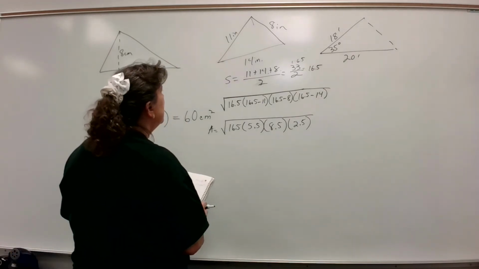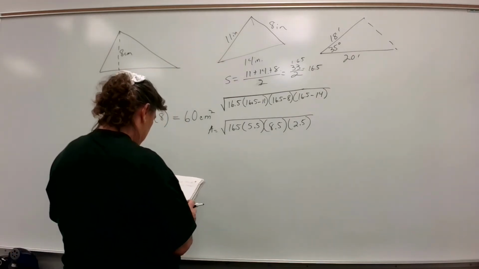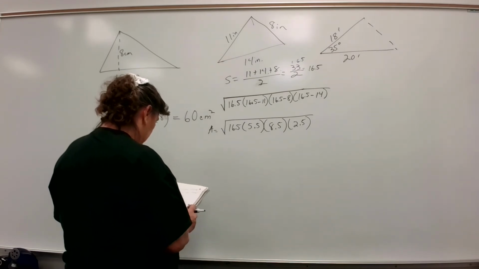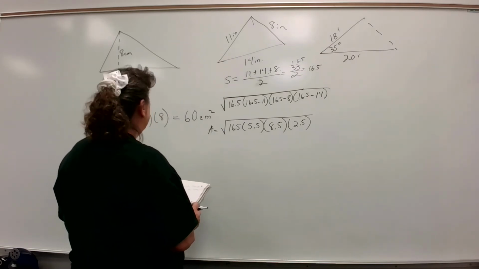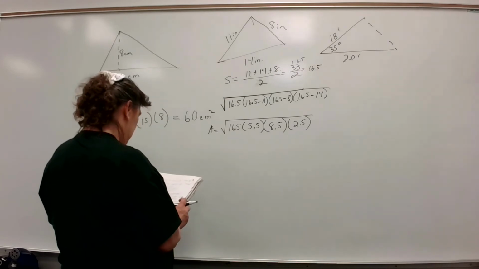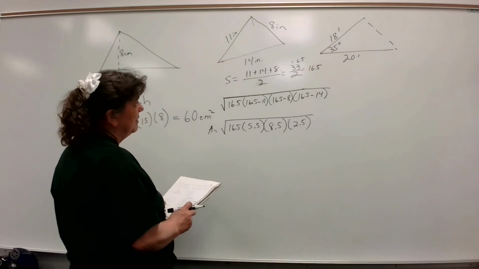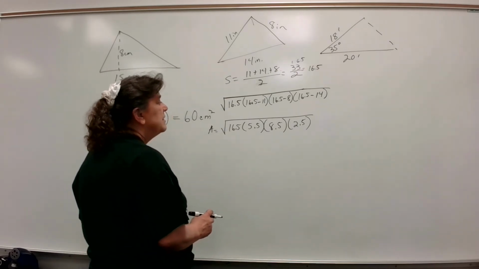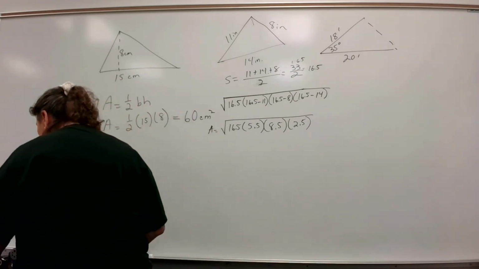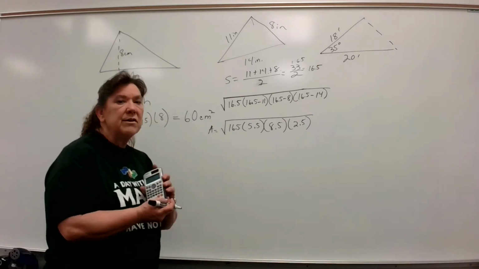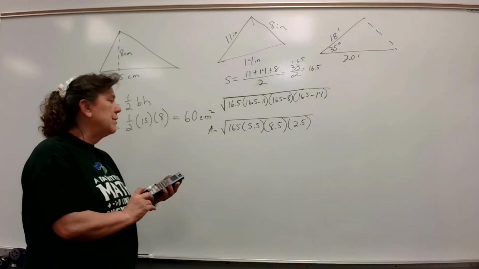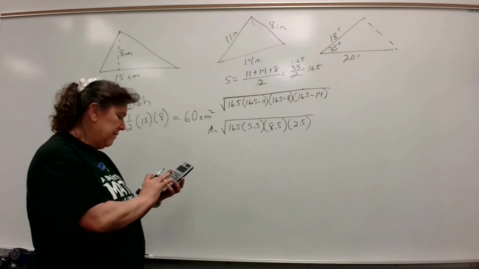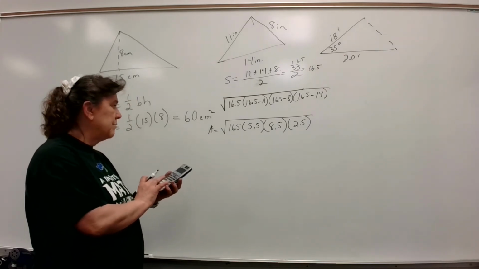Oh, did I miss to add that? Oh, no, I did it wrong on my paper. I had 15 instead of 14. I made a mistake on the paper. Okay, so now we need to multiply all those numbers together. And on your calculator, you can put in your square root sign and just type everything in under that square root.